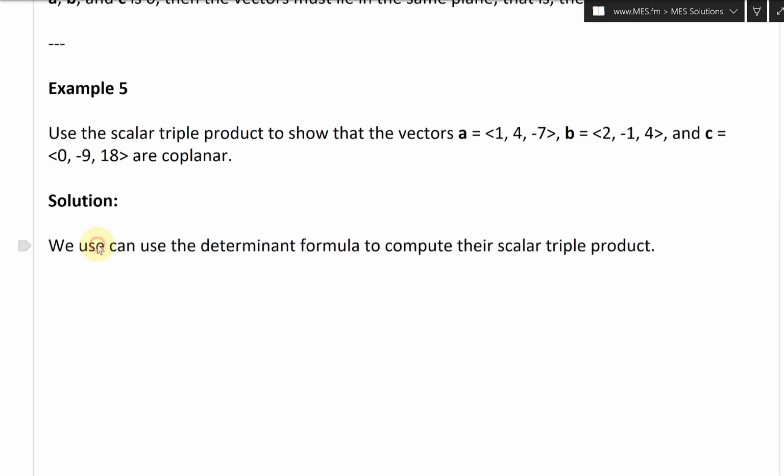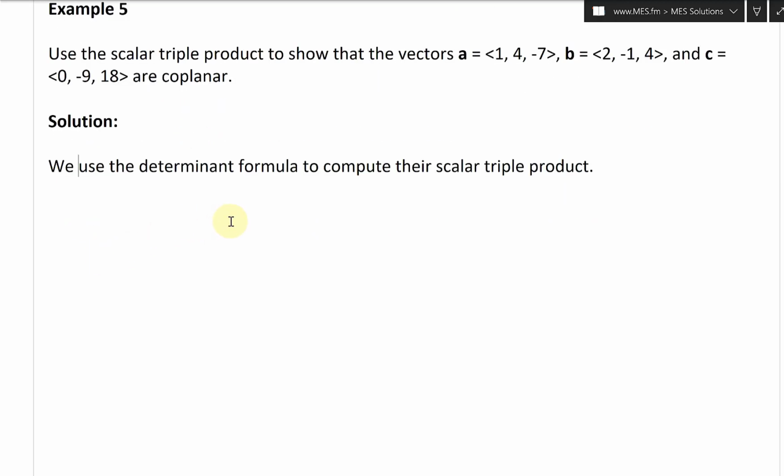We use the determinant formula to compute their scalar triple product. Remember, the scalar triple product is just A dot B cross C, and you can write this in determinant form.